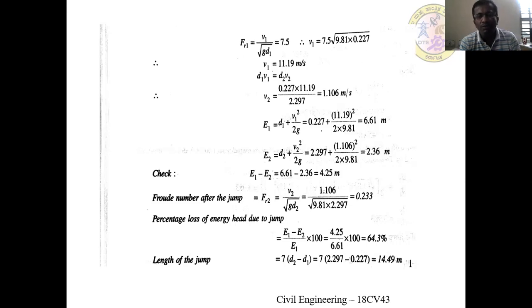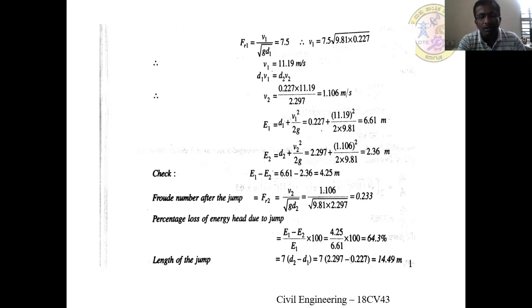Once you know V1, V2, D1 and D2, it is possible to find the specific energy before the jump and after the jump. E1 equals D1 plus V1 square by 2g, and substituting we get 6.61 meter. E2 equals D2 plus V2 square by 2g, and substituting we get 2.36 meter.